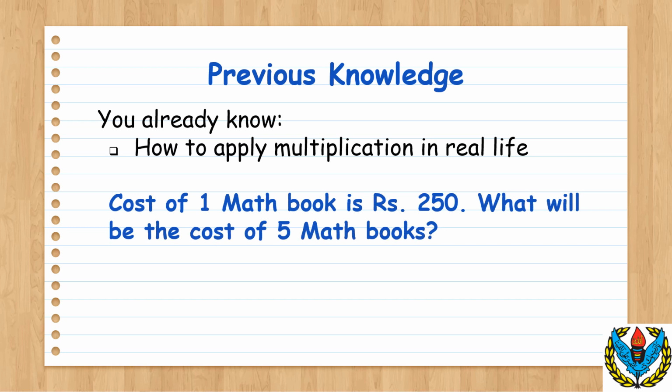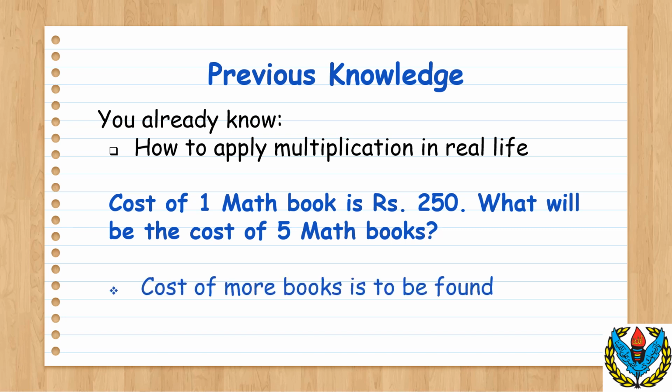Let's say the cost of one maths book is 250 rupees. What will be the cost of 5 maths books? Look carefully. You are given the cost of one book, and you have to find out the cost of multiple books.